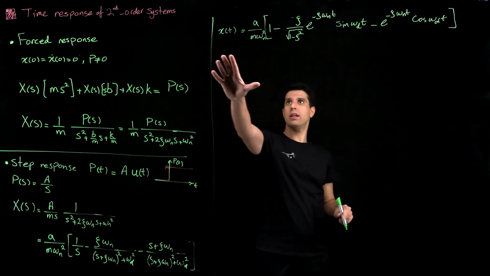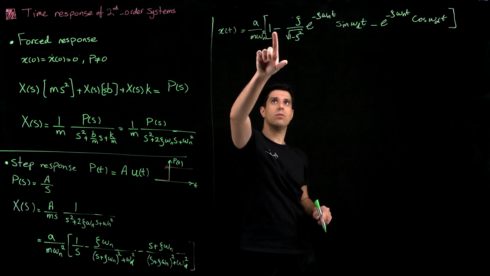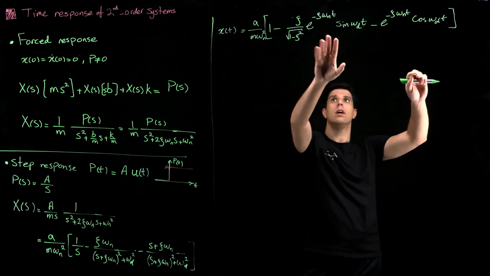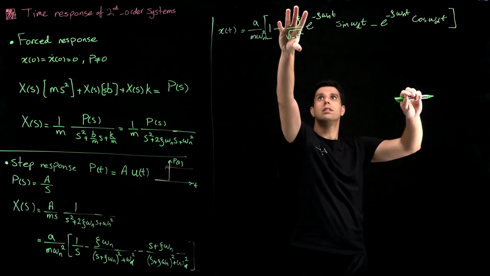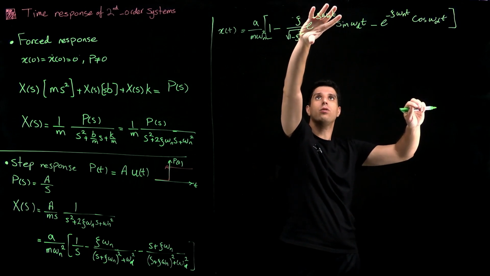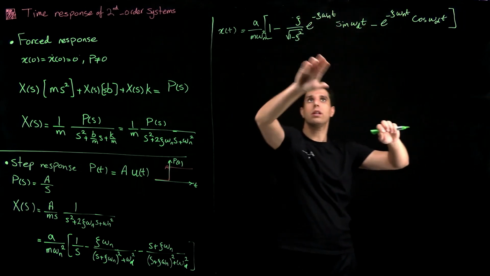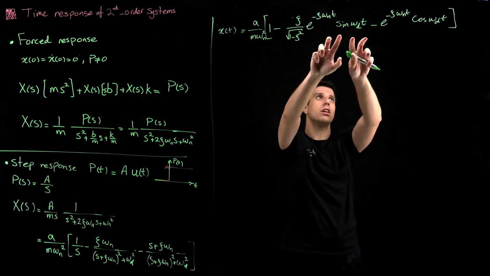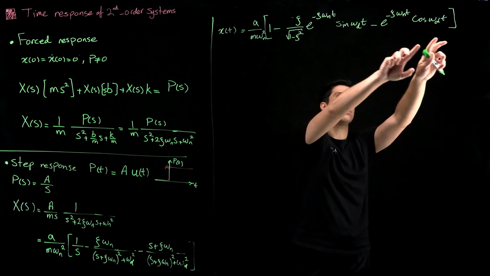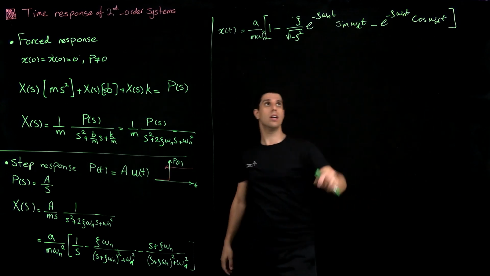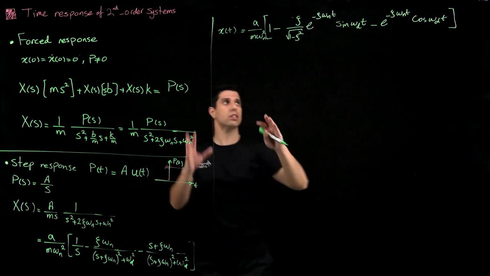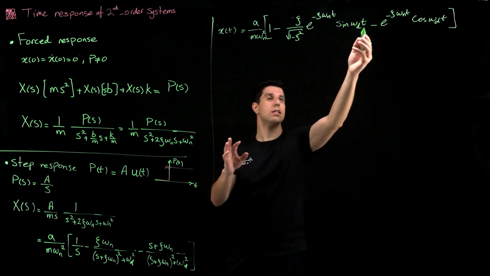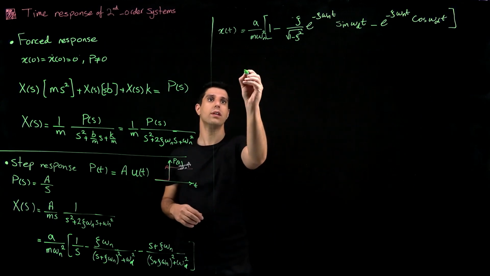So again, this one is a constant. One is good. We are happy with it. If I factor this exponential decay, I have some a times sine of something plus b times cosine of same thing. So that combination is just a sine of omega d t with a phase shift.